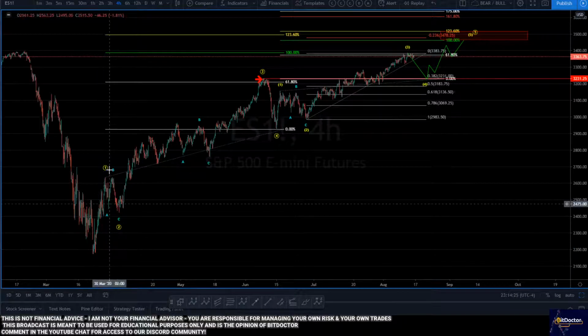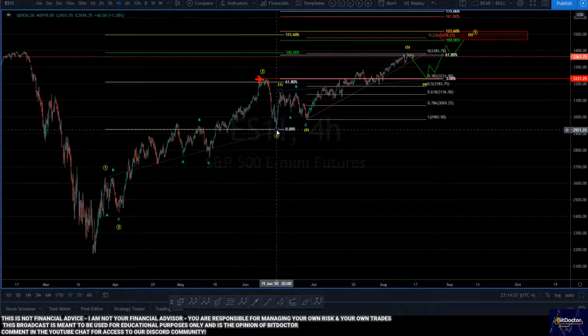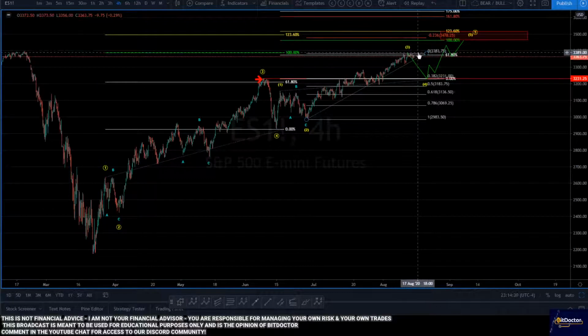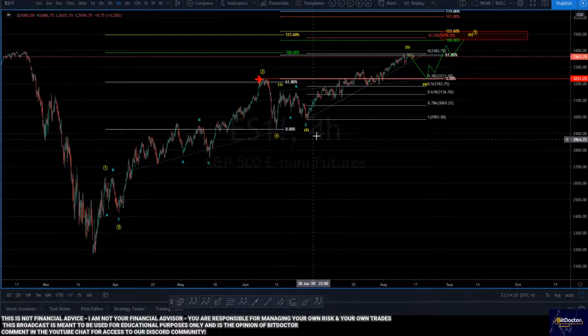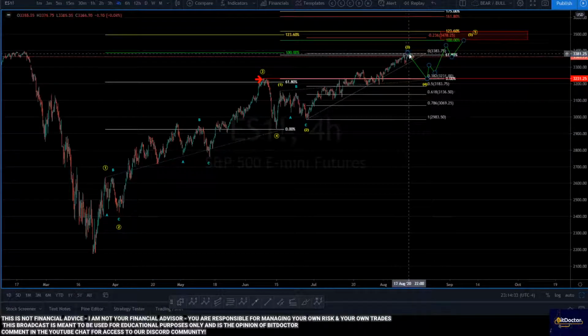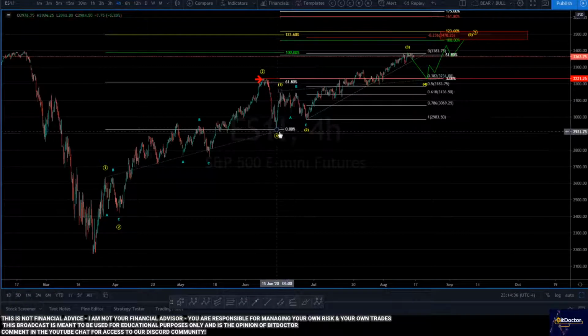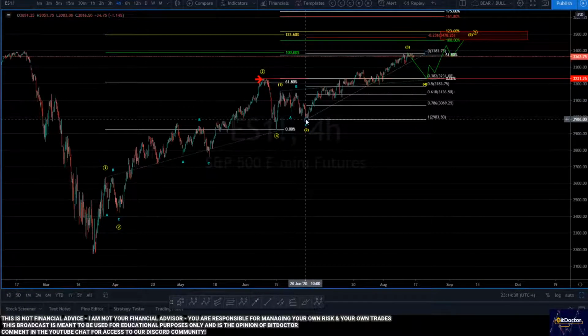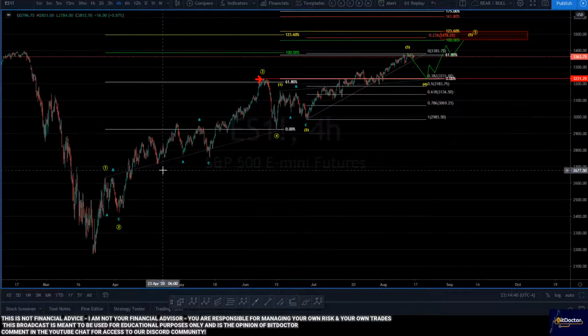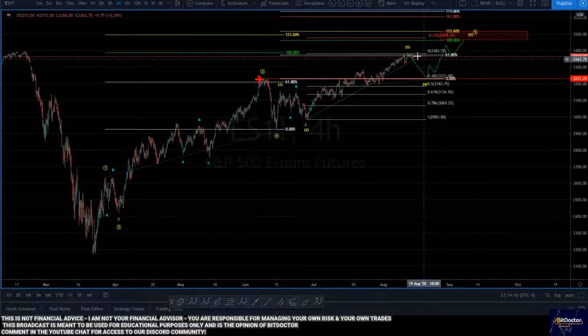So then we take the measurement of wave 1, we project it from wave 4, and we are getting resistance here at the 100, which happens to be 175% of this wave 1 measured from this wave 2, which is exactly what happened on this way up. Then we pulled back 38.2%.